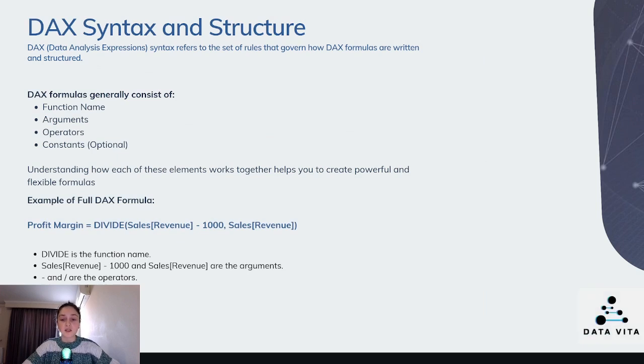DAX syntax refers to the set of rules that govern how DAX formulas are written and structured. A DAX formula always starts with an equals sign. A DAX formula consists of function names, arguments, operations, and constants. The function name is the name of the DAX function you wish to use.